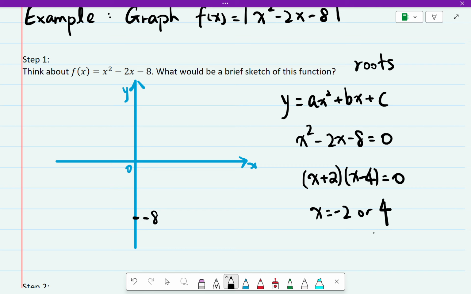So these are the two roots of this function, and in the graph, they are indicated by the x-intercepts. Also, a in this case is 1, which is positive, so the graph opens up. So the graph will look something like this.